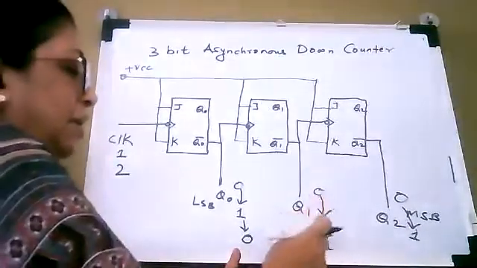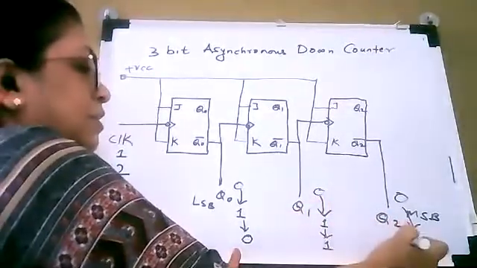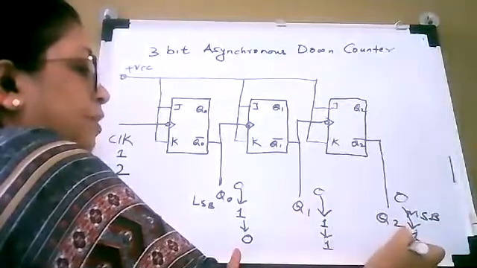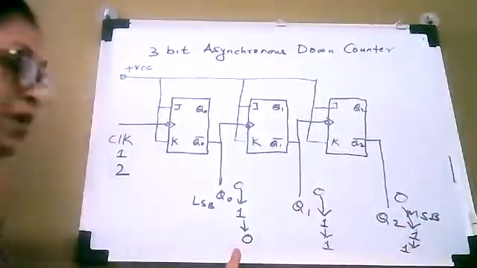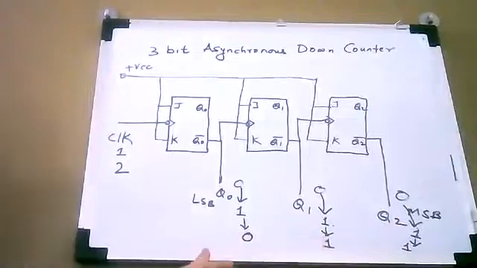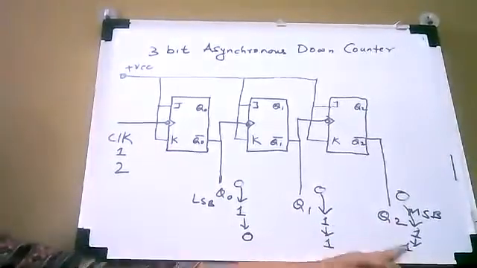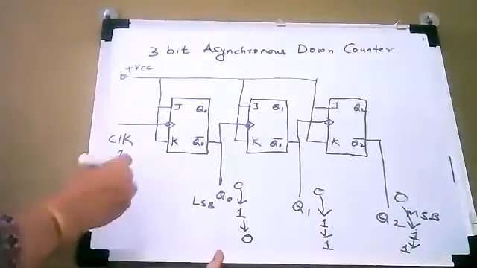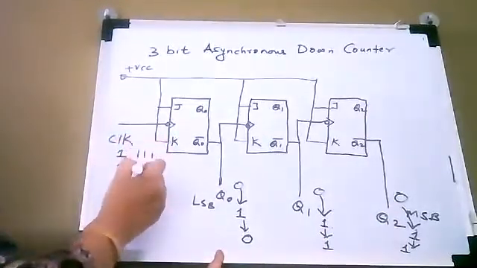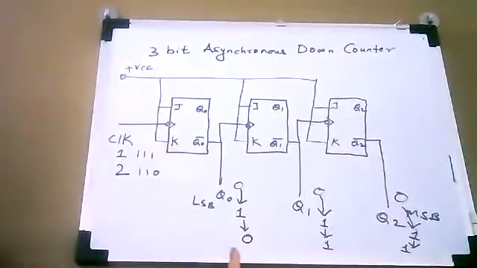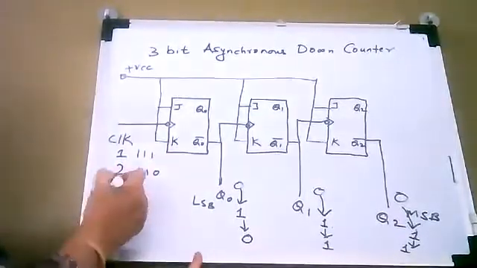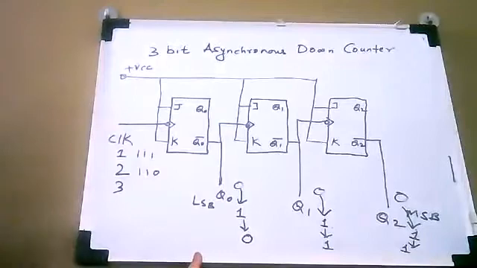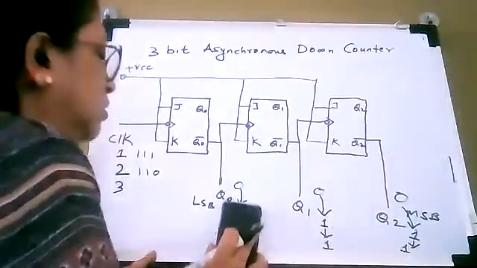So it will be 1. Similarly, as this is not making any transition, the output of the third flip-flop will also remain the same, which is 1. So 1, 1, 0. We have to start from MSB and then go to LSB. So the output that we are getting here, it was 111, here it is 110. Now suppose if we apply the third clock pulse, then what will happen?